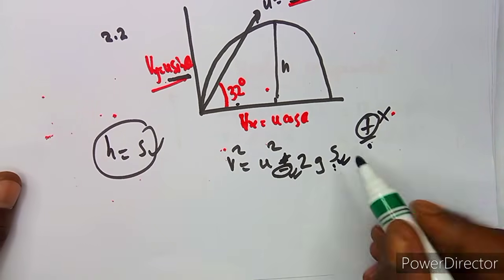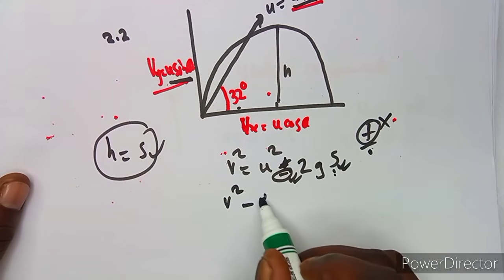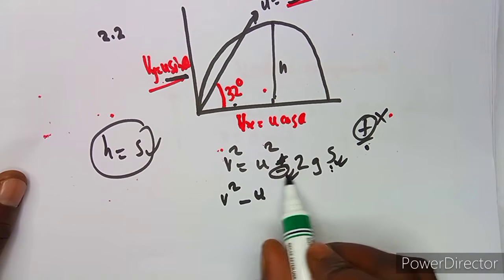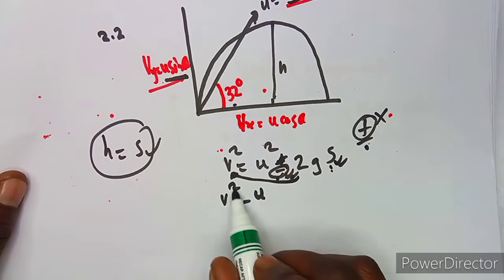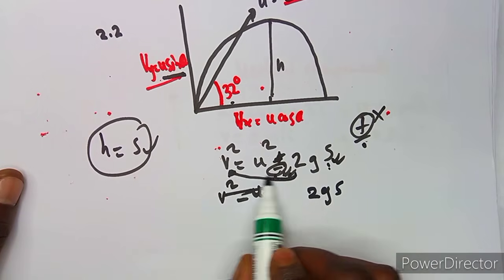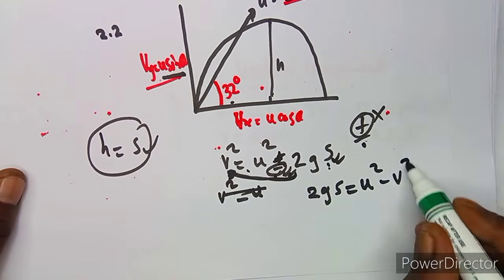Simply, you can make this the subject. It's going to be v squared minus u squared. Or we can just avoid working with the negative. Instead, let's take this to this side, so it's going to be 2gs. If I take this to this side, it's going to be positive, equal to u squared minus v squared.